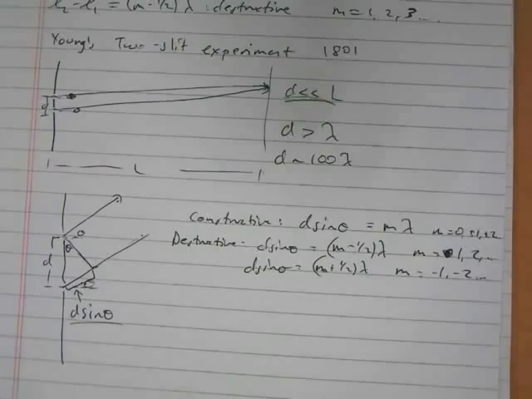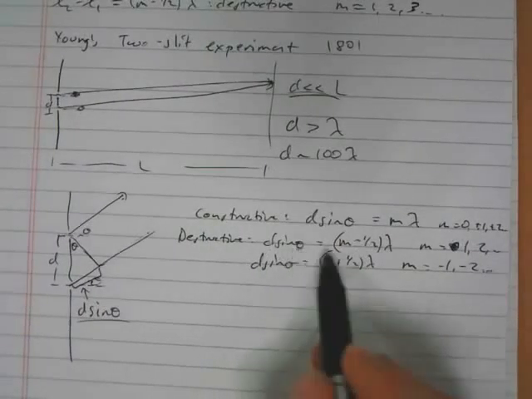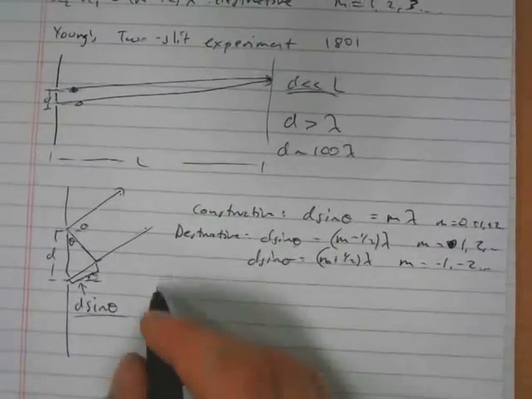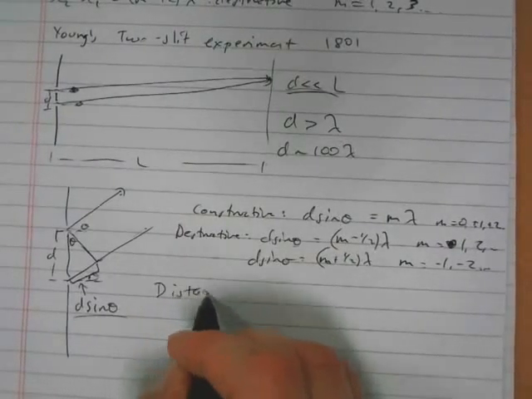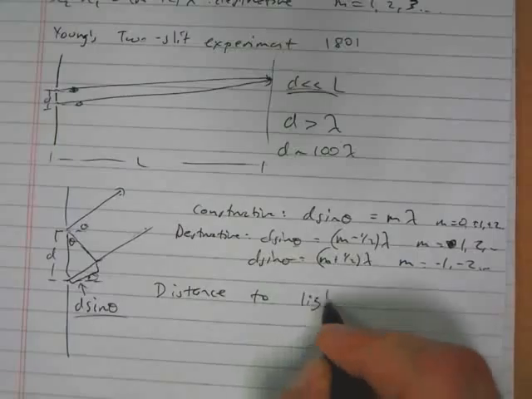All right, so we can use that to solve problems. Another way this question could be asked: you could be asked to find what angle the light or dark fringes are. You could also be asked to find the distance to a given light or dark fringe.